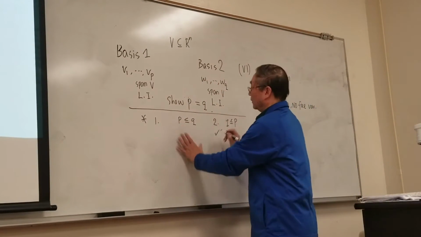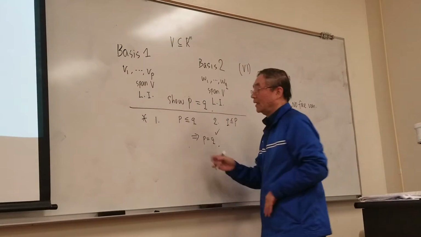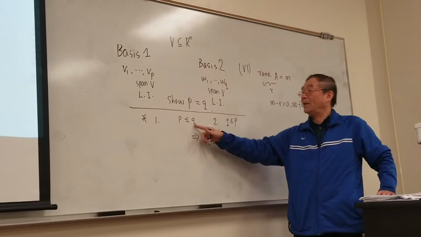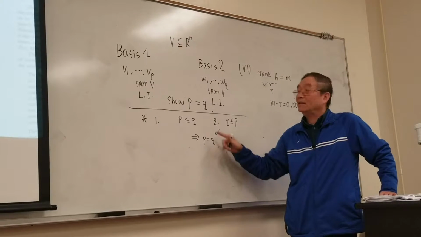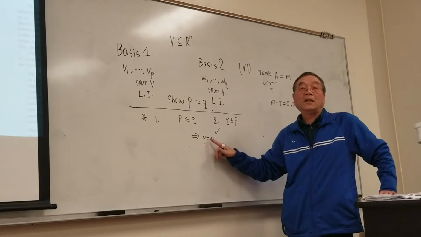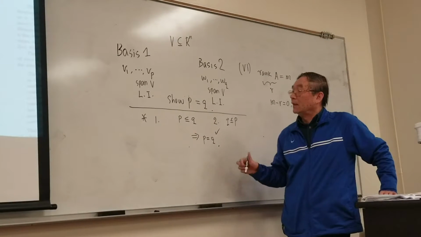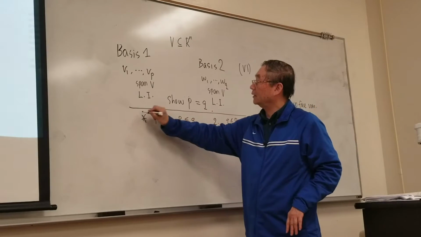So from these two, you will get p must be equal to q. There are only three possibilities: either less than, or greater than, or they are equal. So that's the outline.